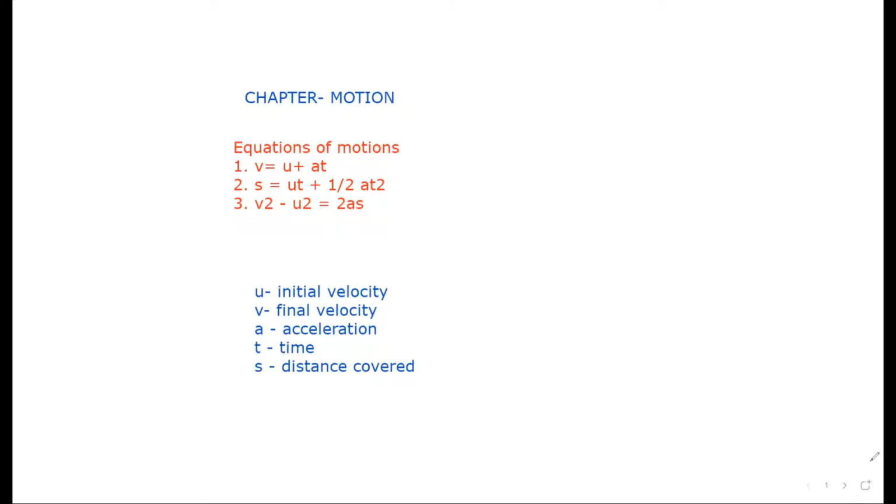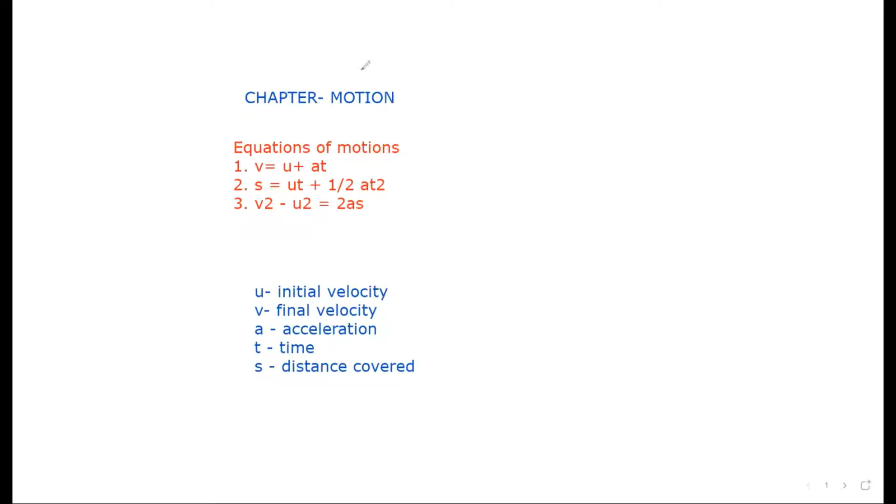So now, friends, we will see what the equations of motion are and how we apply them to solve numericals. First of all, let's recall the equations of motion we derived in our last video.